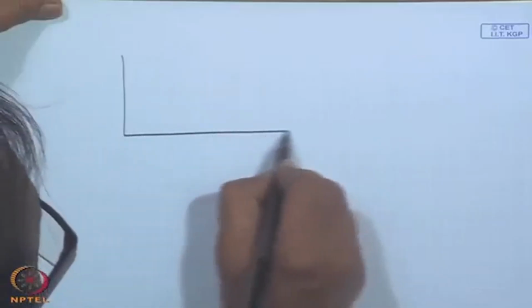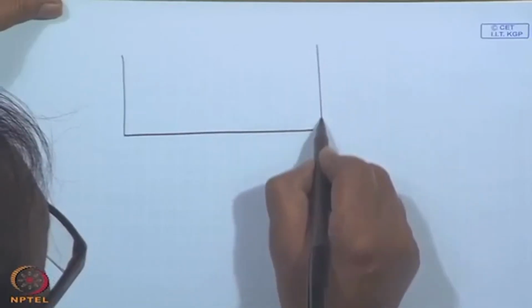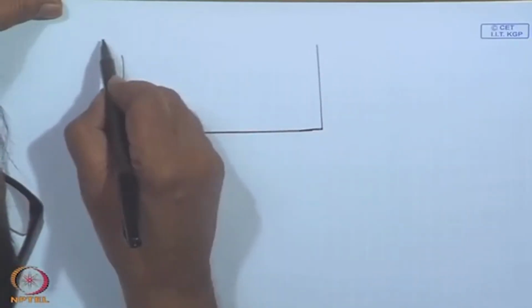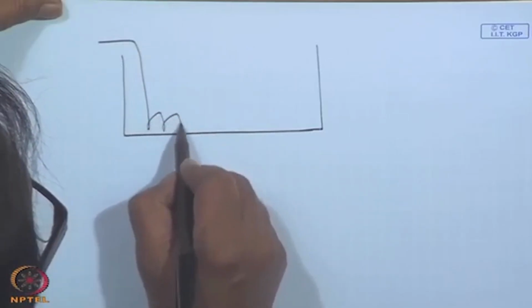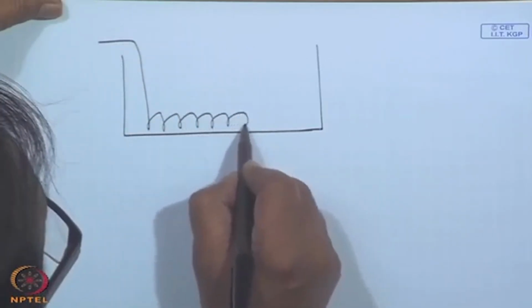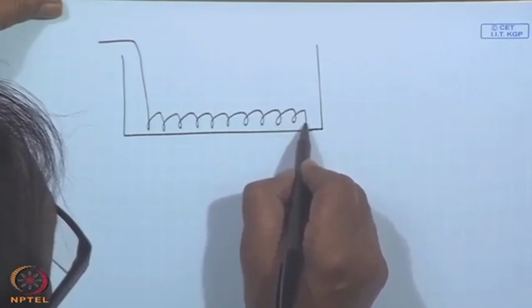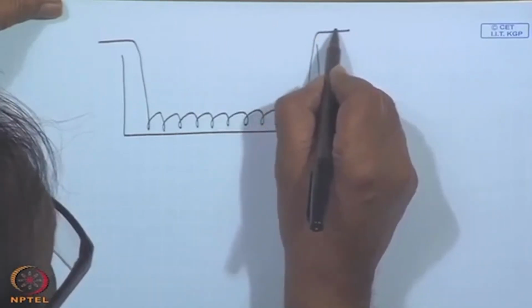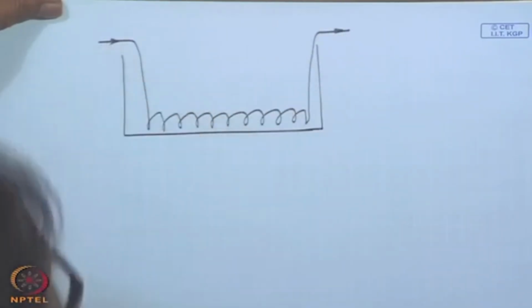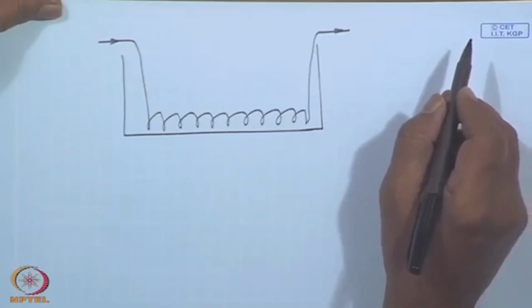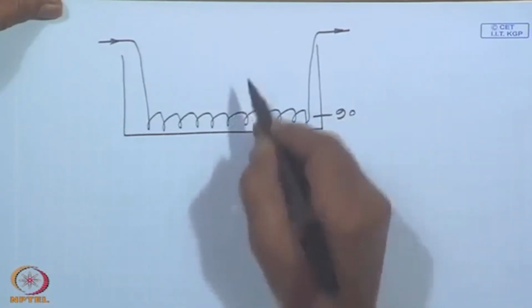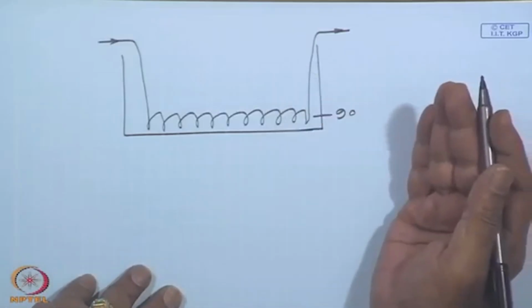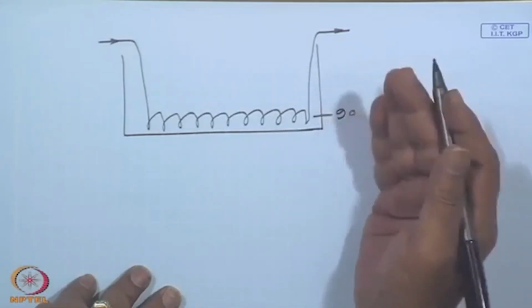So, what people do is, depending upon your requirement, you may have a heat exchanger, a coiled thing at the particular level. This may be for 90. I may have it at a higher level if you want it 75 degrees, 70 or 60.